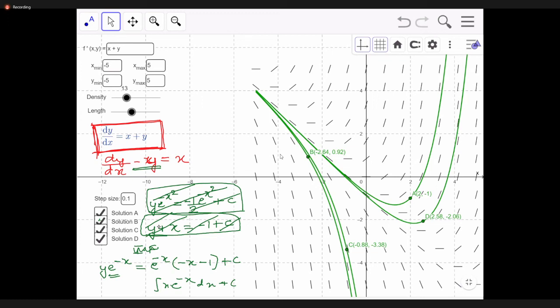So according to you, what changed? Anybody will be able to tell me? What do you think changed?